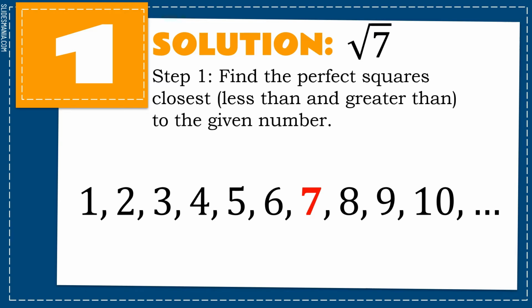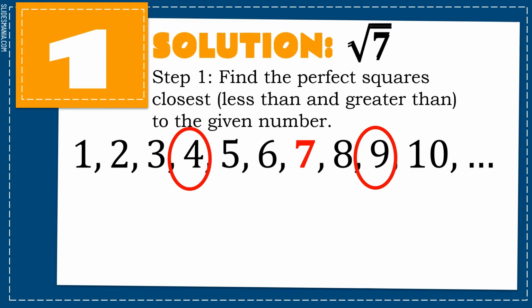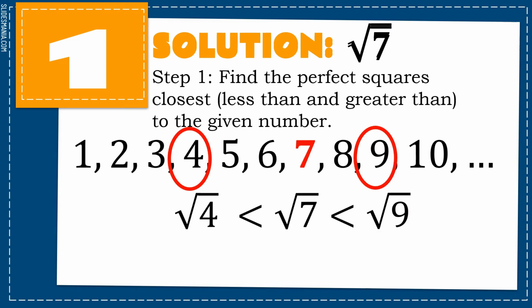As we can see with the series of integers, the perfect squares closest to 7 are 4 and 9. From here, we can say that square root of 7 is between square root of 4 and square root of 9.